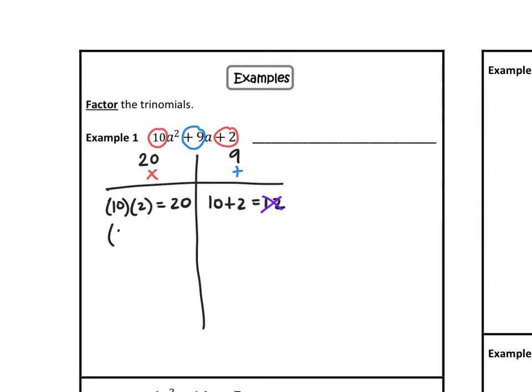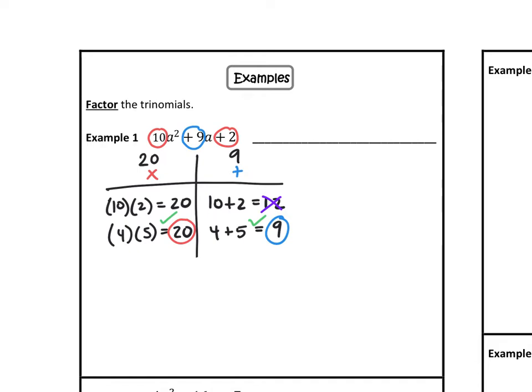What about 4 and 5? Because 4 plus 5 equals 9. That matches the middle term, and I got 20, so they both check off.